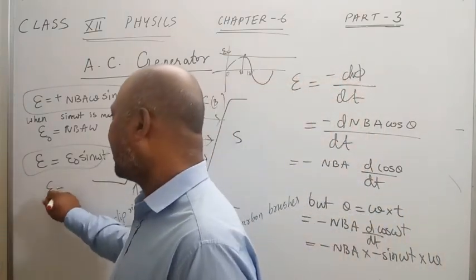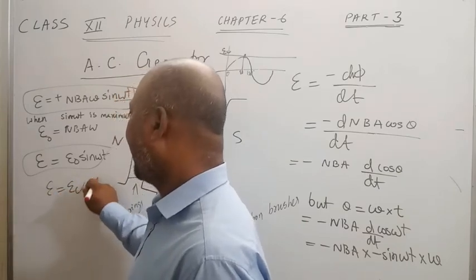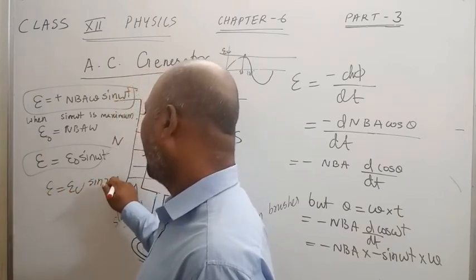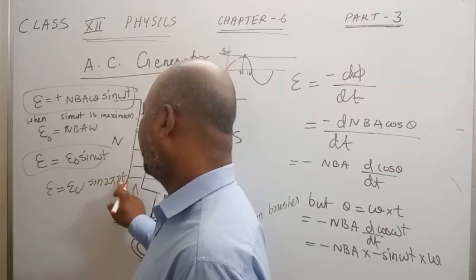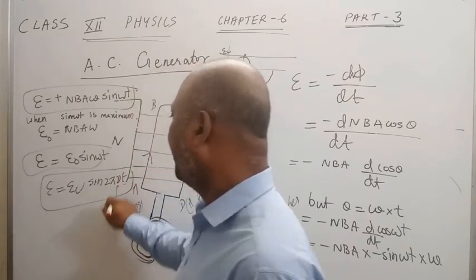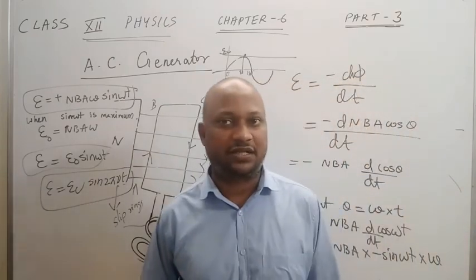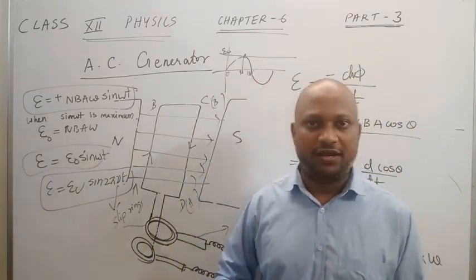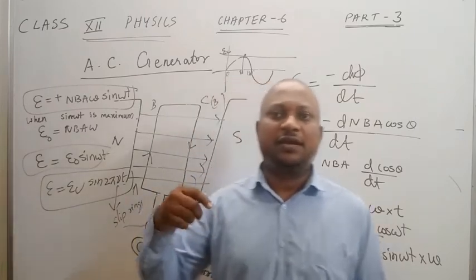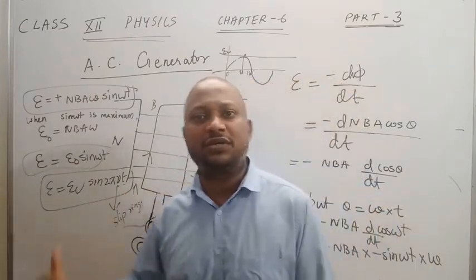You can even convert it into linear frequency. Omega is equal to 2 pi nu, that is, 2 pi nu t. So there is a frequency called nu, and you may be rotating it 50 times per second. Maybe you are rotating it 50 times in 1 second, or 10 times in 1 second, or 8 times in 1 second. So whatever it is, that nu is a frequency.